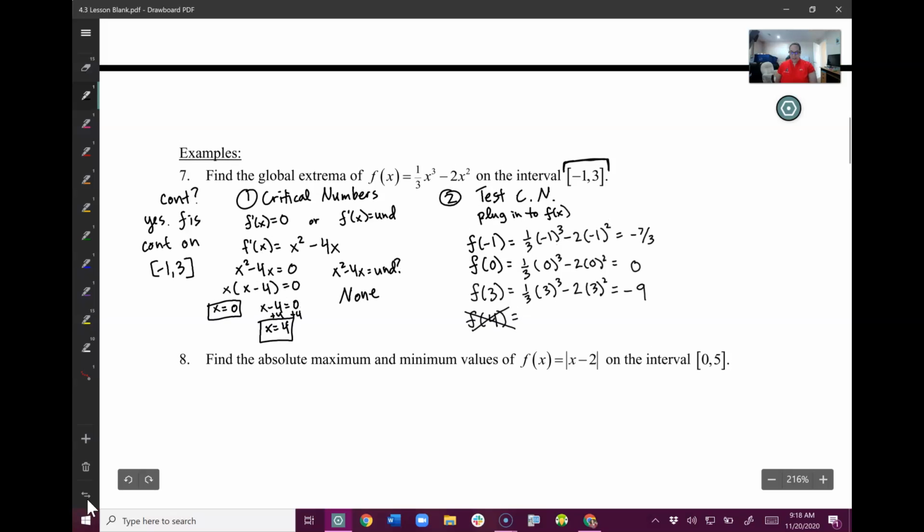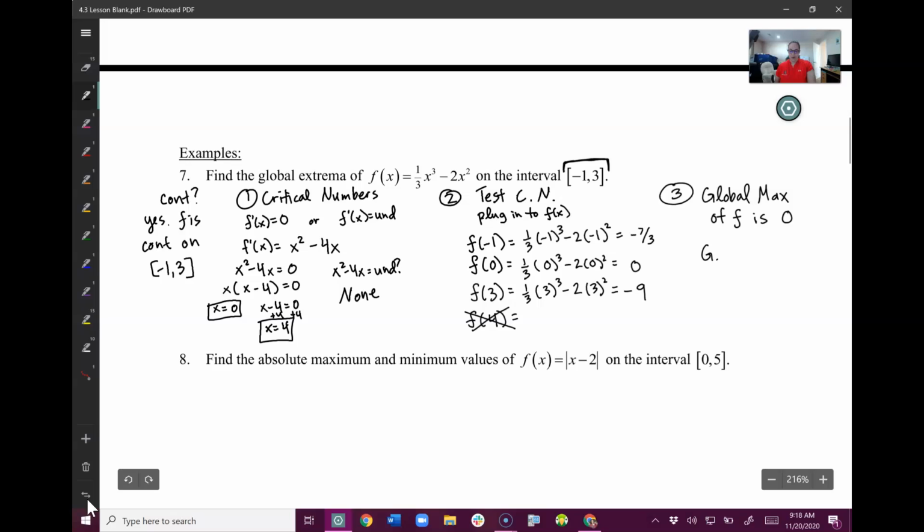Now remember, we're trying to find the global extrema, or the absolute extrema. Those mean the same thing, global and absolute. So the global max of f is, and it doesn't ask for a point or an x value, so we're just listing the y values. The biggest y value is 0.